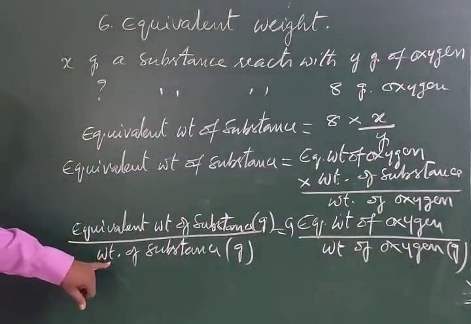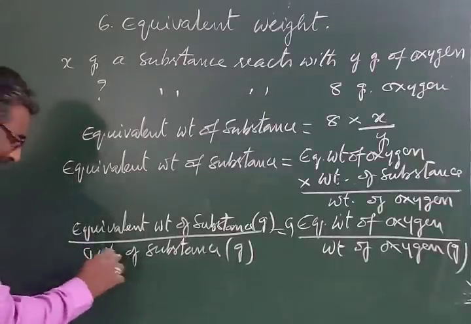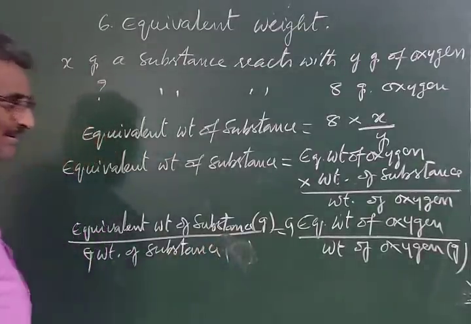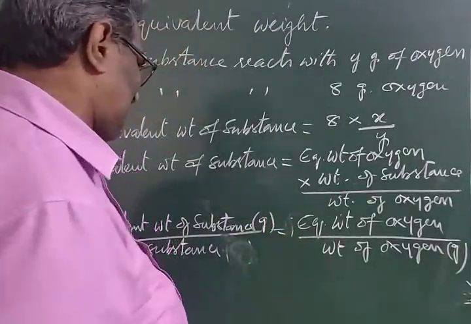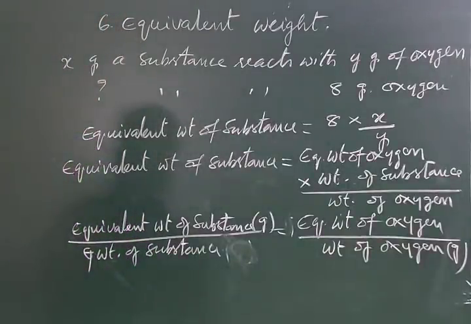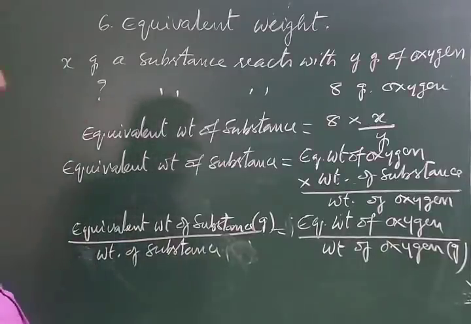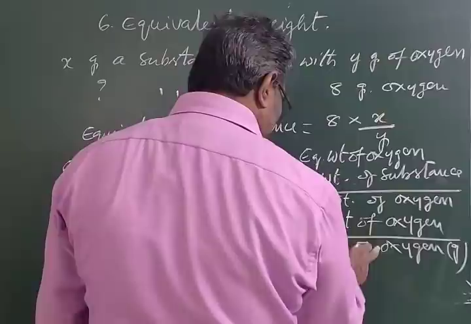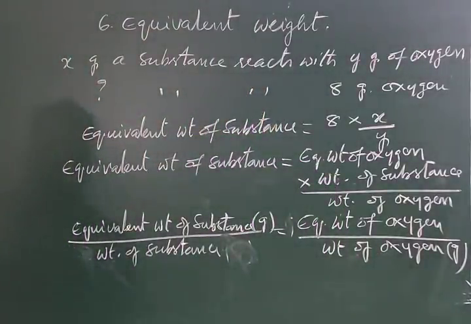Weight of substance by equivalent weight of substance, or gram equivalent weight of substance, is equal to equivalent weight of oxygen by weight of oxygen.